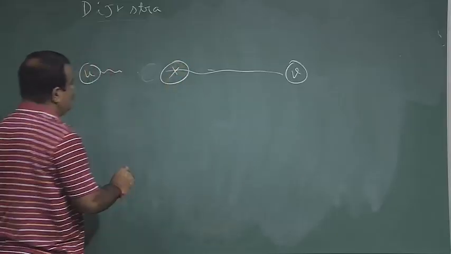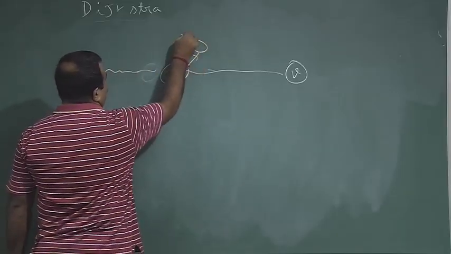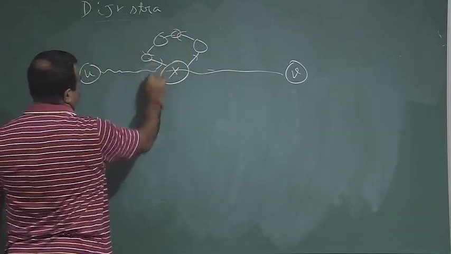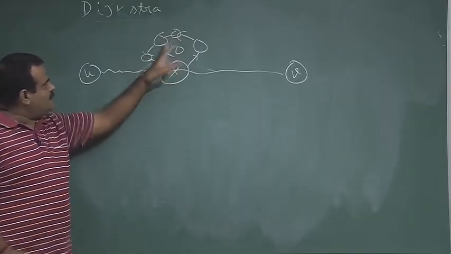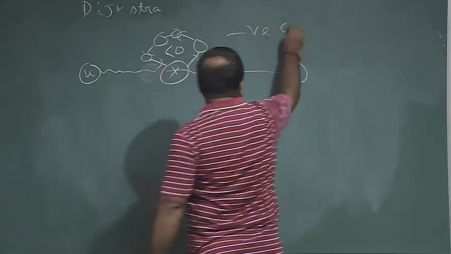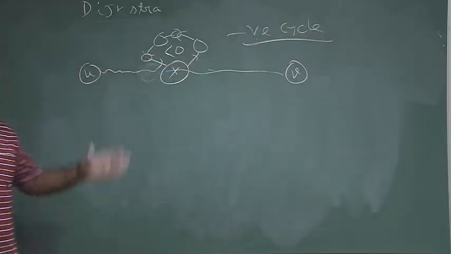Suppose x is an intermediate node, and we have a cycle whose weight is negative in the path.